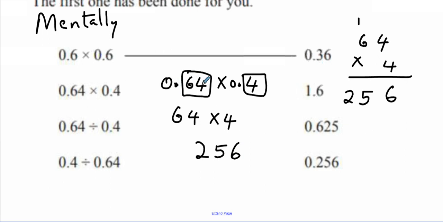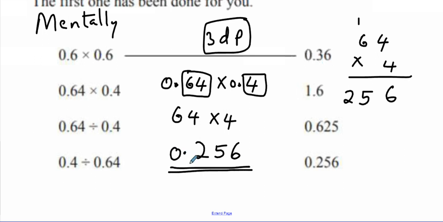So how many decimal places are here? We have 2 decimal places, and here we have 1 decimal place. Total, we have 3 decimal places. Now, 3 decimal places means from your right hand side, count 3 numbers: 1, 2, 3. So you keep a decimal point there, and the answer becomes 0.256.